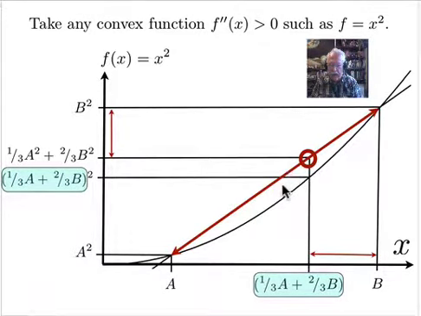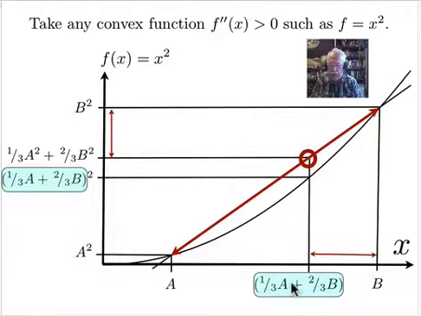We can slide it down to A, or all the way up to B. The other way of thinking about it is we can slide it from A squared to B squared. And as we slide this along, we're choosing some weighting factors. It could be 50-50 if we put it in the middle, but it's actually 1/3, 2/3.